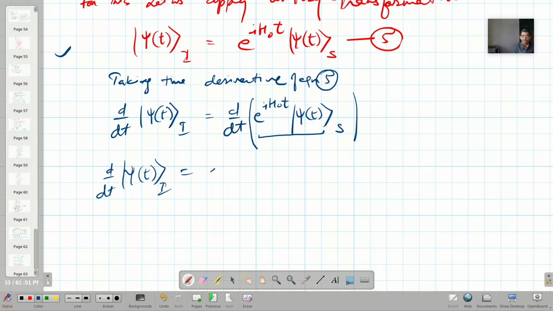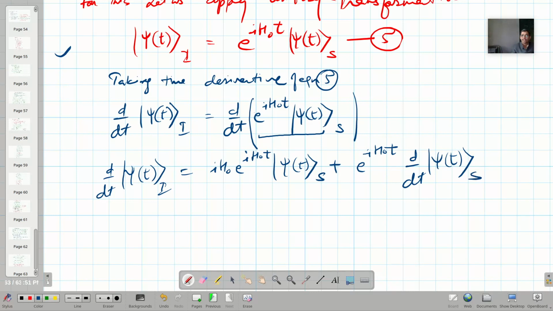The derivative of the first function is iota h naught e raised to power iota h naught t, and the second will remain as it is, plus e raised to power iota h naught t, the first function remains as it is, and then the derivative of the second function.